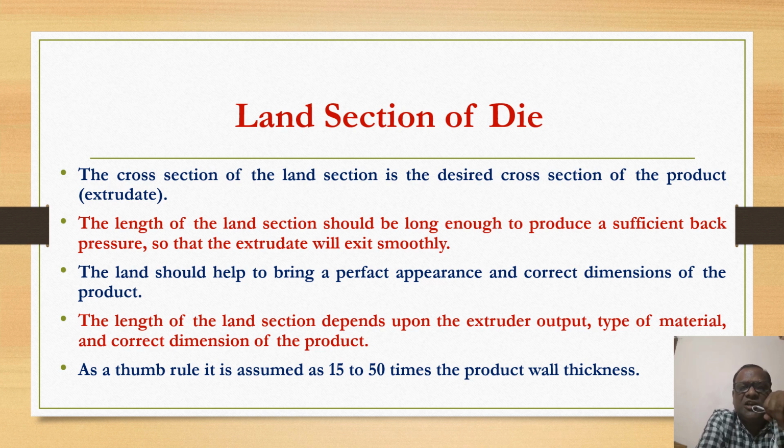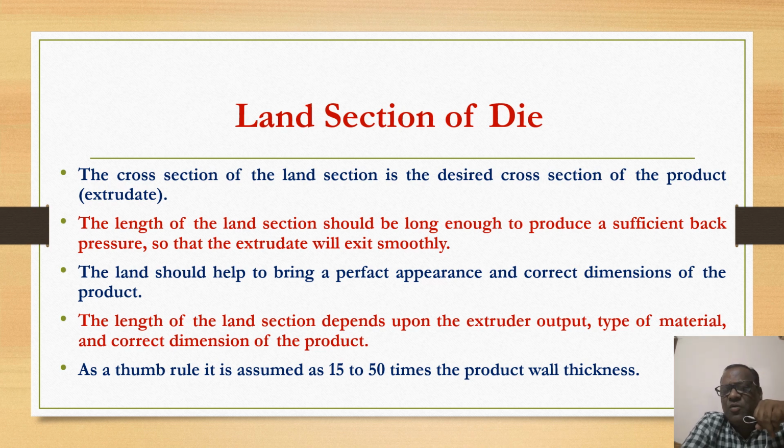Generally the length of the land section is taken between 15 times to 50 times. 15 to 50 is the range. Sometimes you can choose 20 times or 25 times, or maybe the minimum length also you can take when you are going to design this rod type of product. So 15 to 50 times the wall thickness of the product, multiplied by 15 to 50, may be taken as the length of the land section.